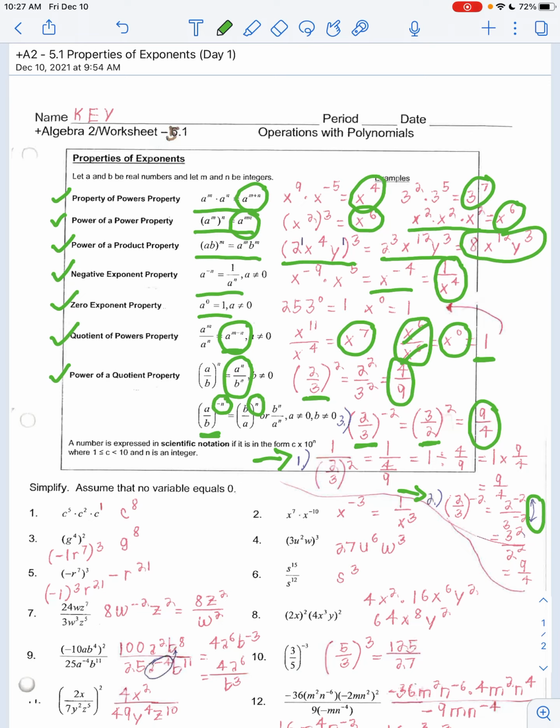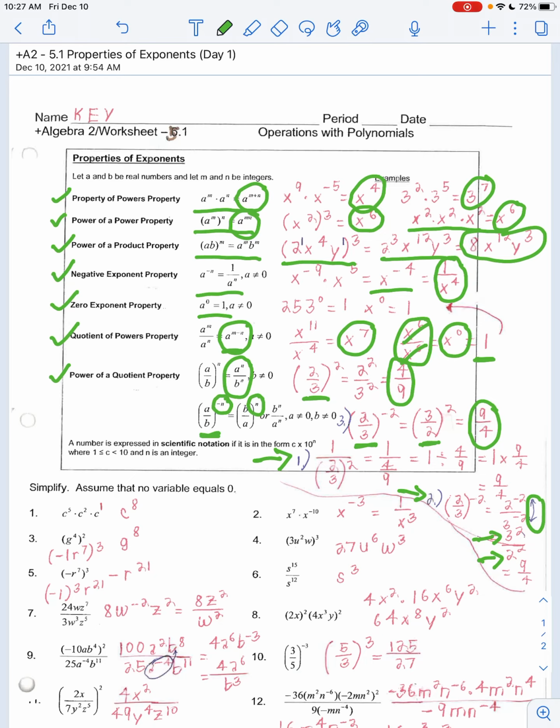It has a positive exponent in the denominator. And 3 had a negative exponent in the denominator, so now it has a positive exponent in the numerator. So that becomes 9/4.